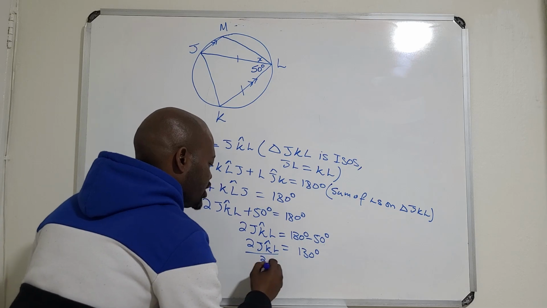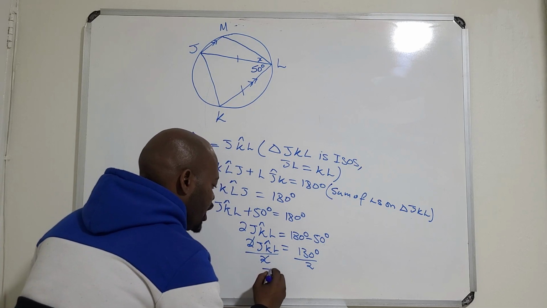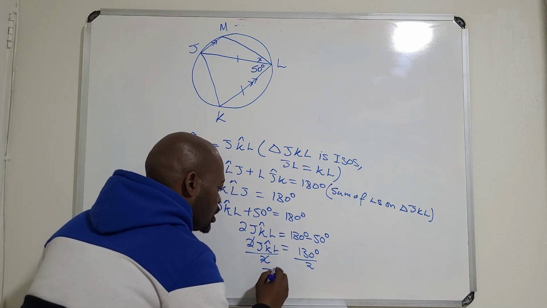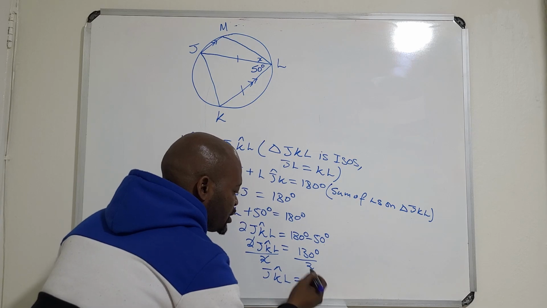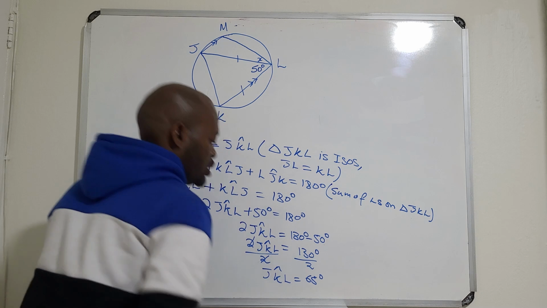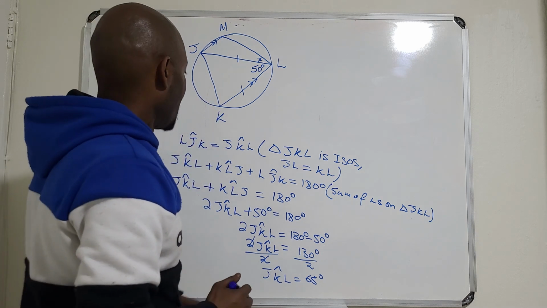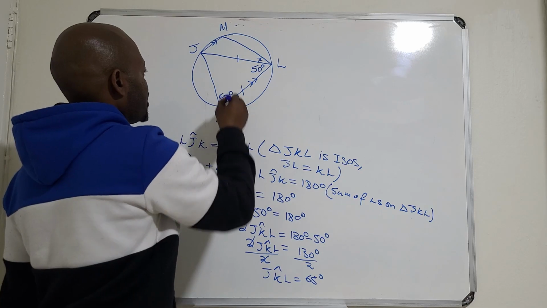We divide by 2, angle JKL is equal to 65 degrees. Now, we do know that this angle is 65 degrees.